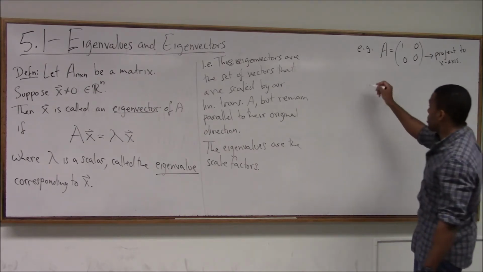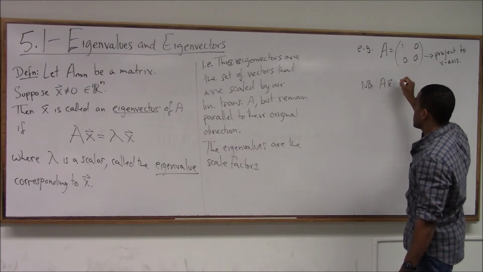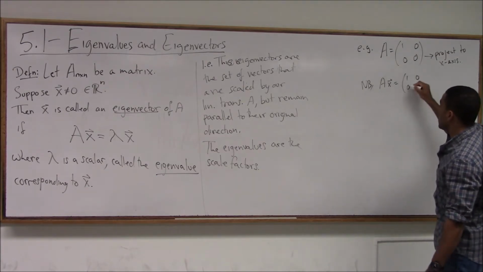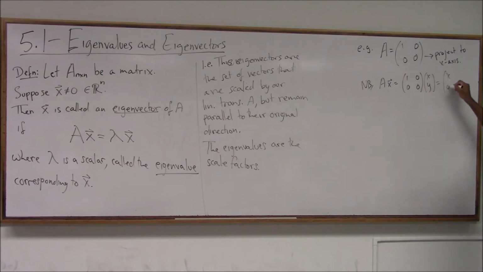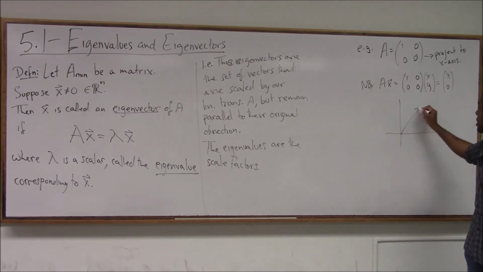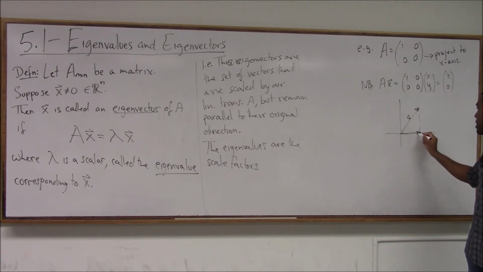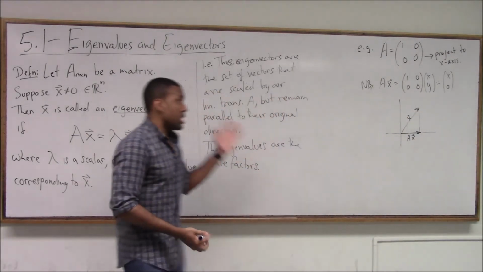If you take A times x, which I can think of as this matrix times the vector (x, y), you just get the vector (x, 0). So I can have a vector doing its thing over here, and that's my x, but if I multiply that by this matrix, boom, it projects that vector down here, and that's the new transformed vector Ax. Okay? So we can think of these matrices again as linear transformations.